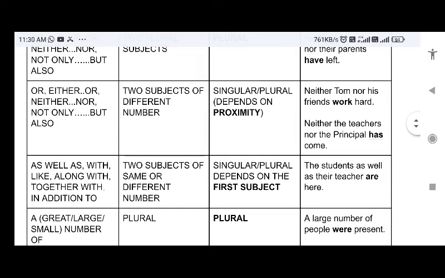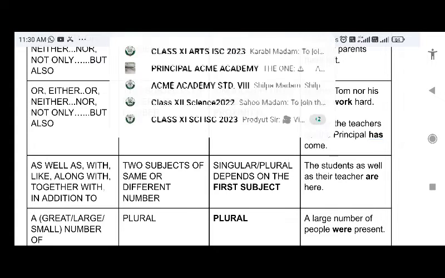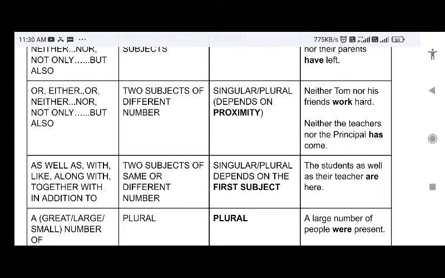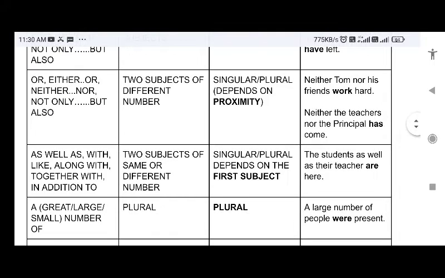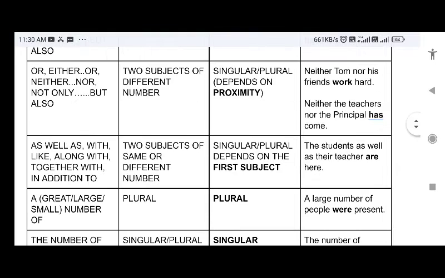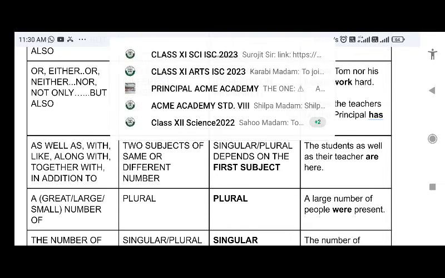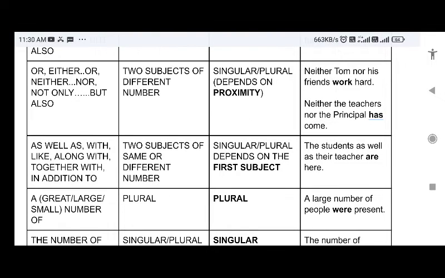nor, not only but also, if they take two subjects of different number, singular or plural, it depends on the proximity, as I told you. See how this is called the rule of proximity. See, neither Tom nor his friends work. So work is the verb here.